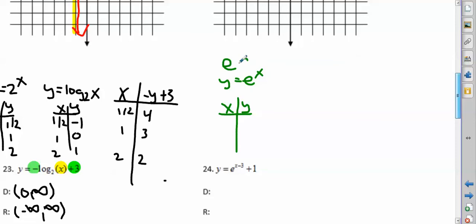E is approximately 2.718, something like that. It's approximately 3. So we're going to pick 3 values, -1, 0, 1. So y is approximately going to be 1/3. E to the 0 power is 1, and then e to the first power is approximately 3.